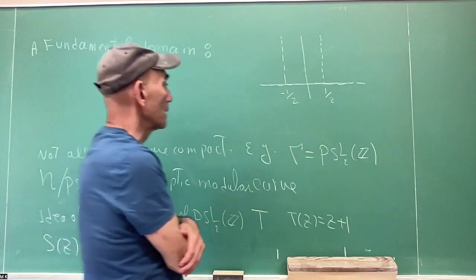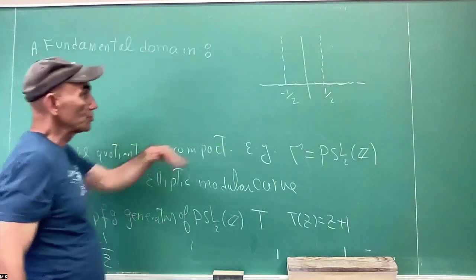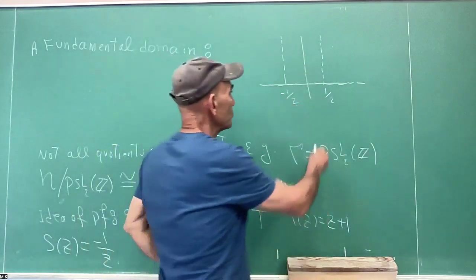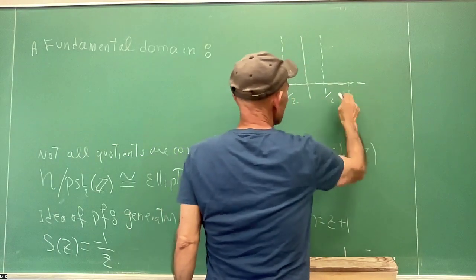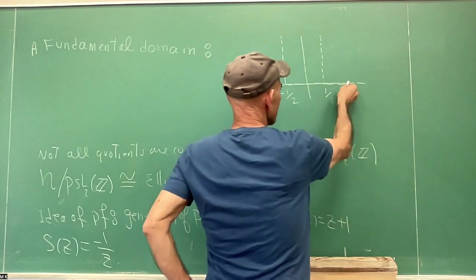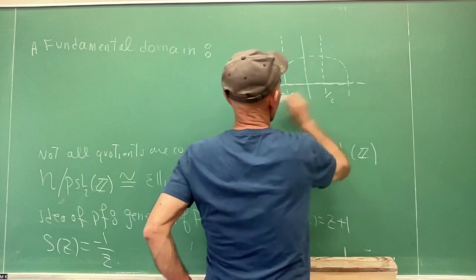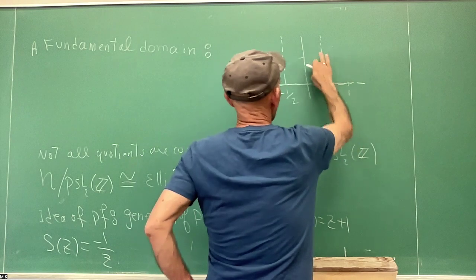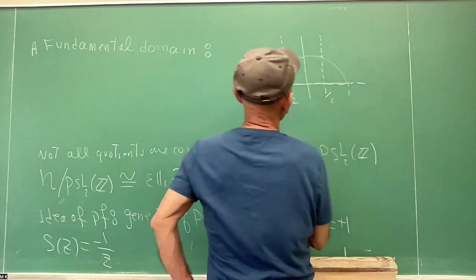But then you have to also use S, because you don't need all of this strip. You need just the strip that is like this. I mean, this needs a proof, but that's not too bad. So there is a circle of radius 1. Okay.